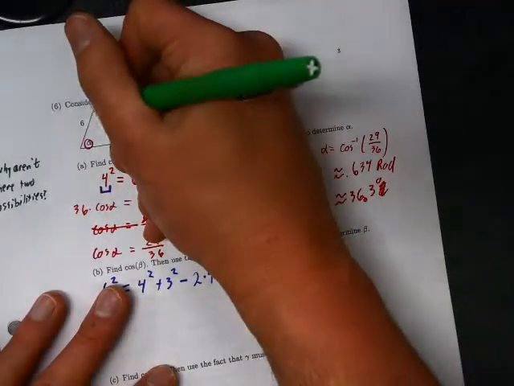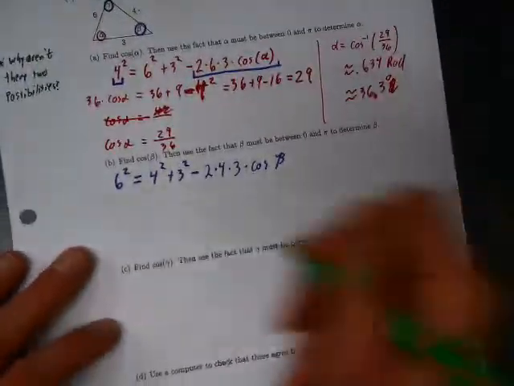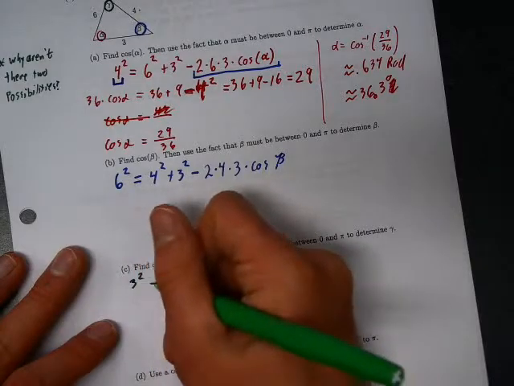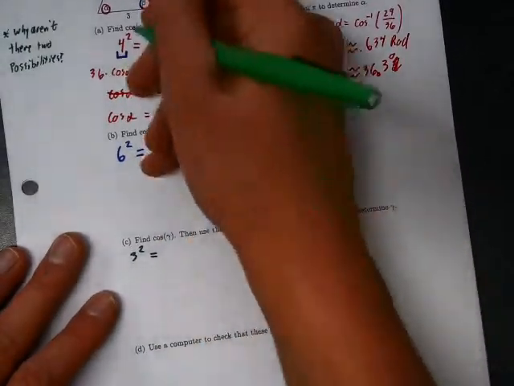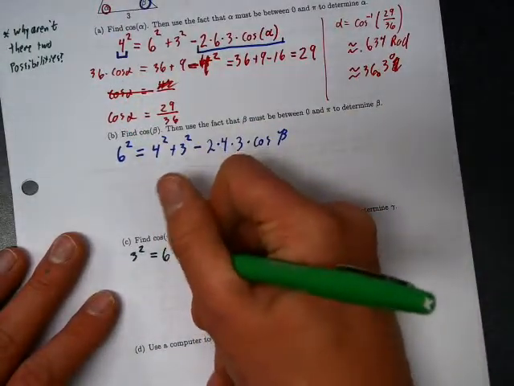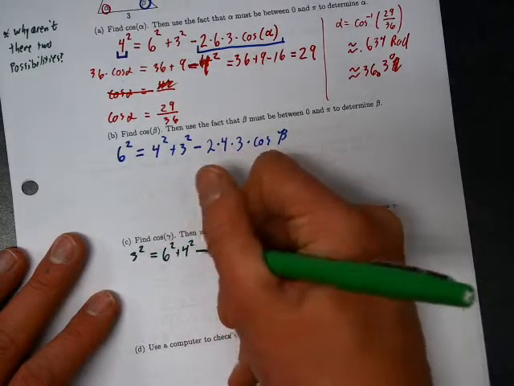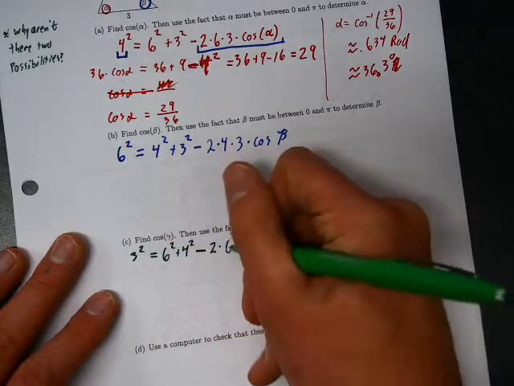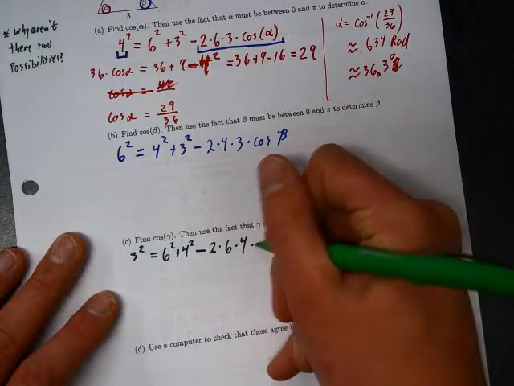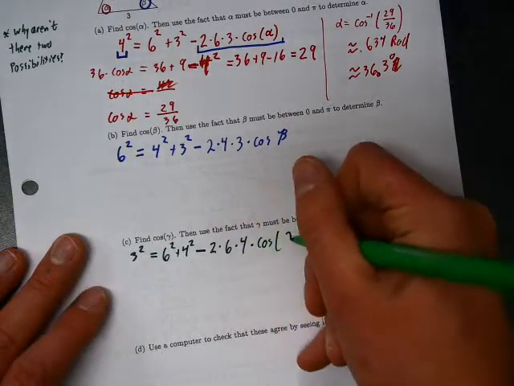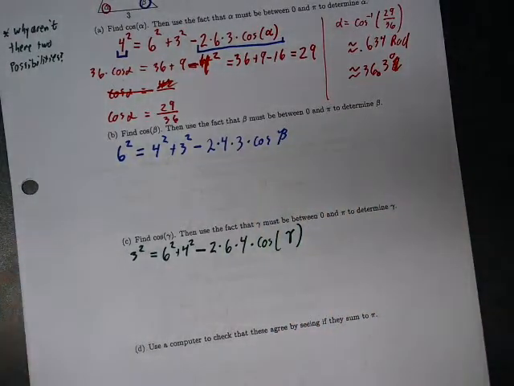If you want to find the angle gamma, you would instead use 3 squared equals 6 squared plus 4 squared minus 2 times 6 times 4 times the cosine of gamma. What do you think? Do those look like equations that are easy enough to solve? Cool. Find beta. Find gamma.